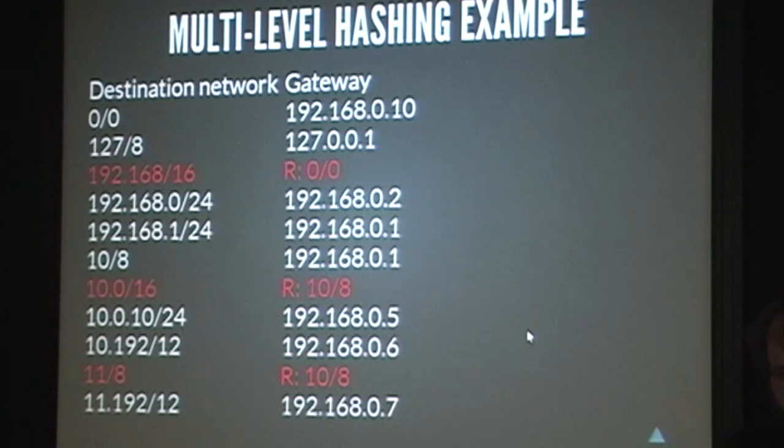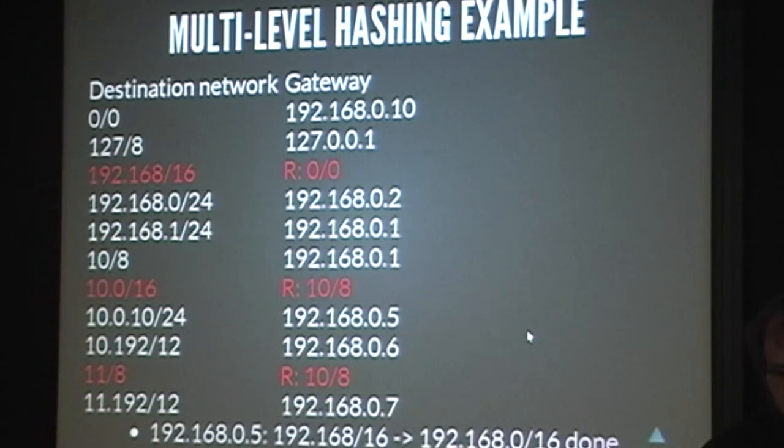So let's say I want to look for 192.168.0.5. First, I would do a probe for 192.168 with prefix length 16.